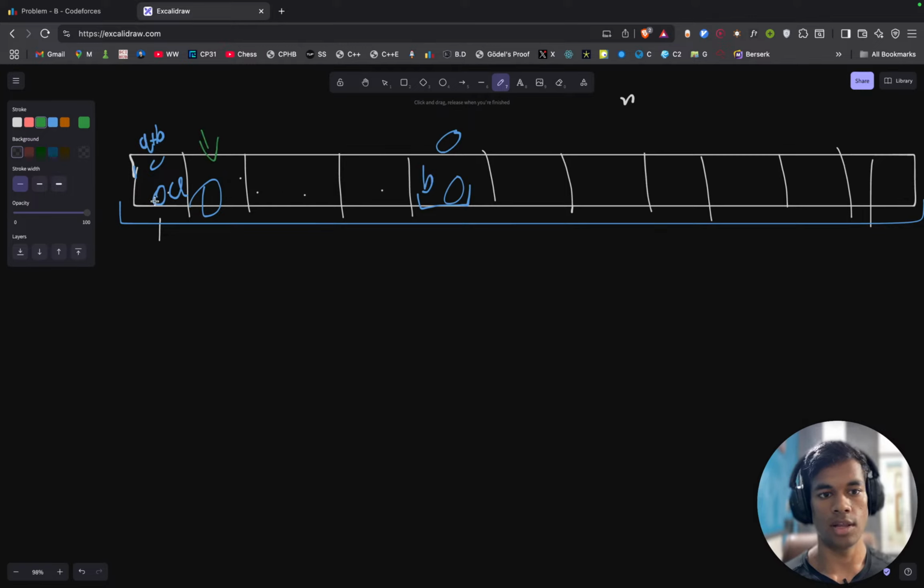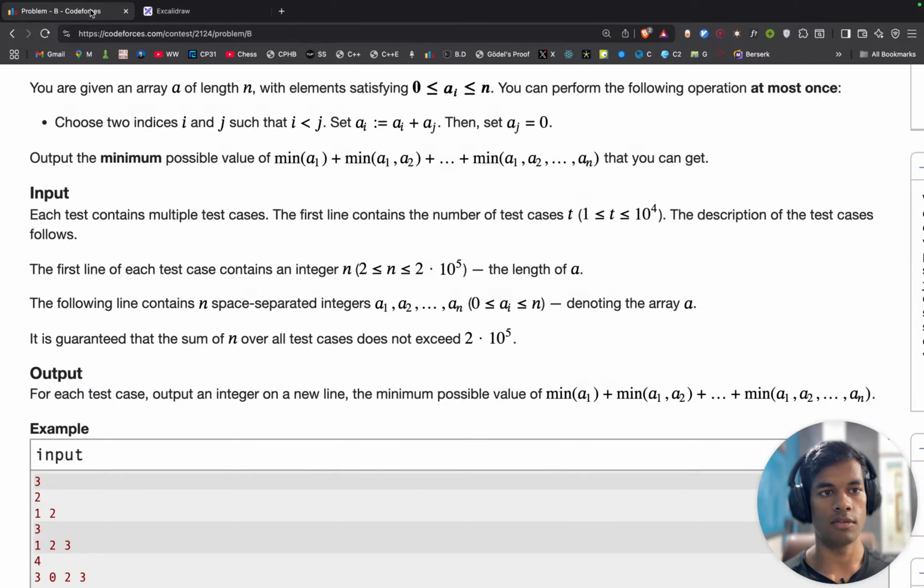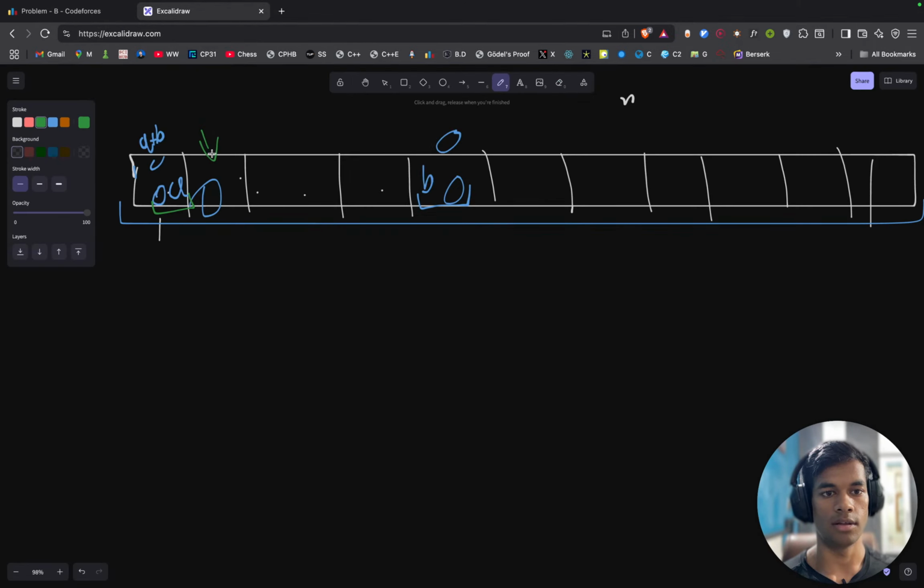Since the first element has to be before the 0, let's say it is the ith index in this case, and the second one is the jth element. If I'm going to perform the operation, the first one becomes equal to its value plus this value, and this one becomes equal to 0.